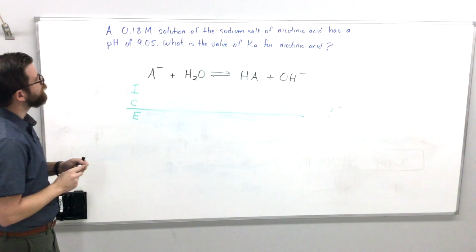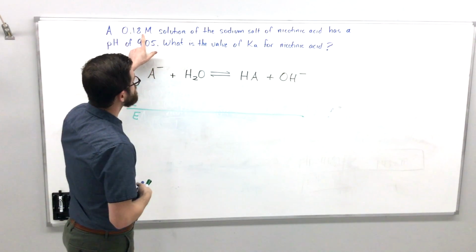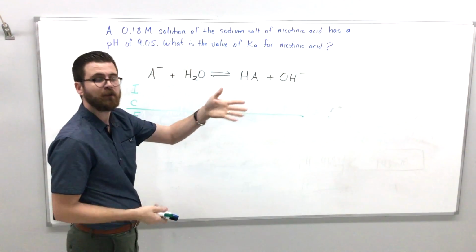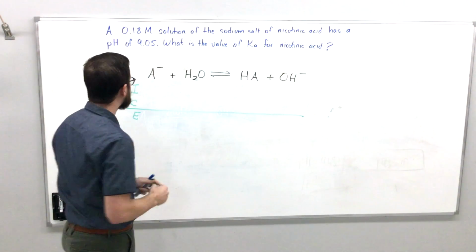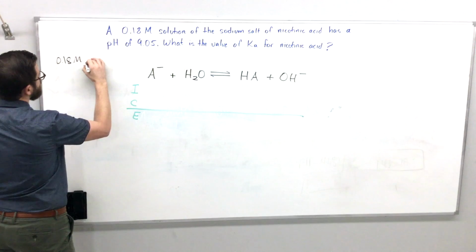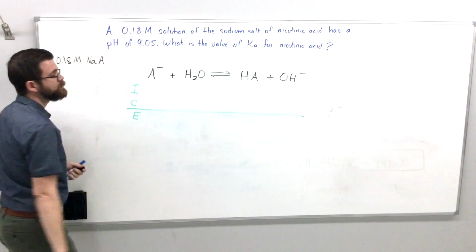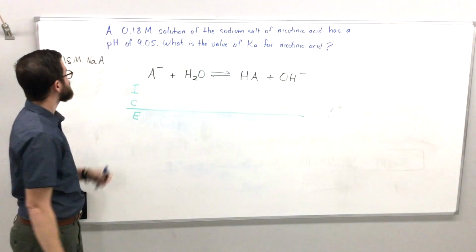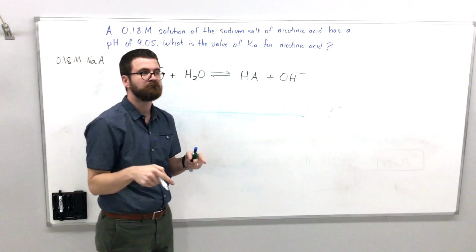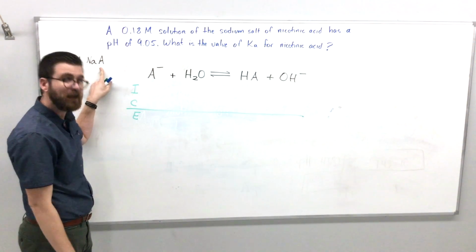So now we can start filling in with the data that we know. We have here a 0.18 molar solution of our sodium salt. Now, yes, that does mean that our 0.18 molar solution of our sodium salt, but have no fear, because a 1-to-1 mole ratio is here.